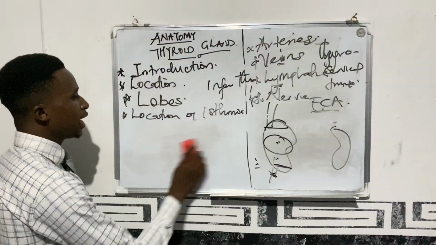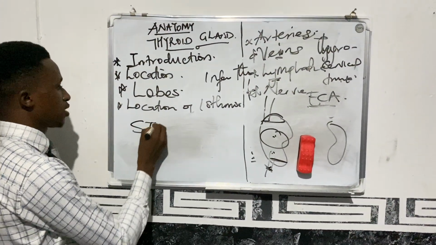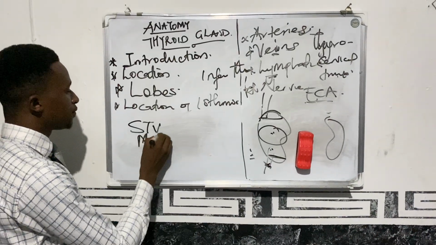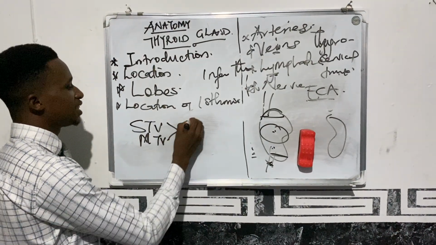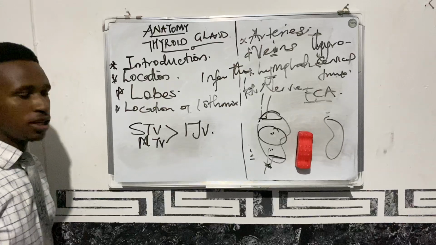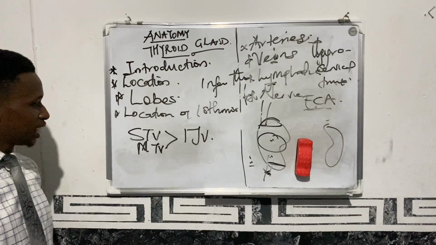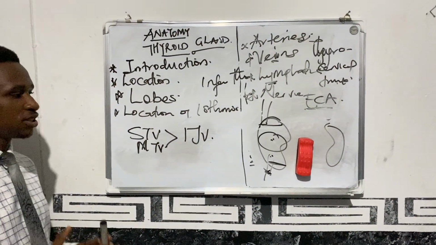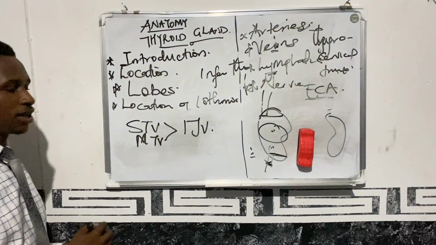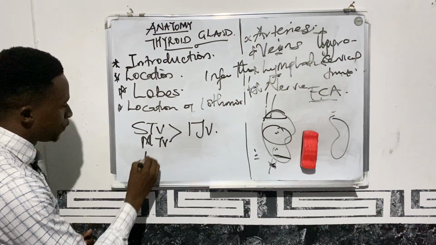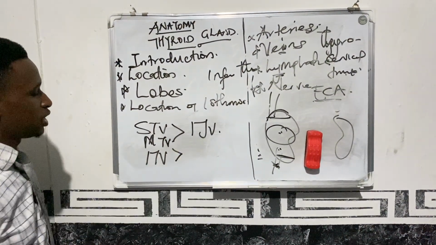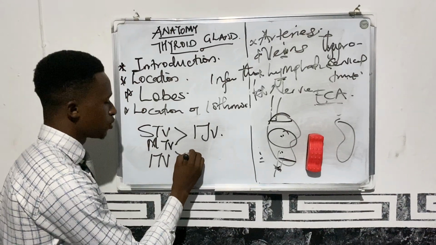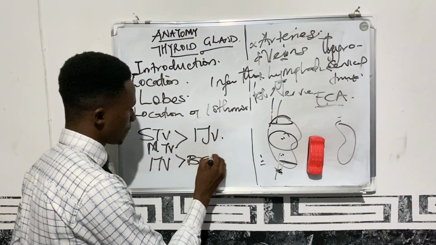The superior thyroid vein and the middle thyroid vein drain into the internal jugular vein. And the inferior thyroid vein drains into what we refer to as the brachiocephalic vein.